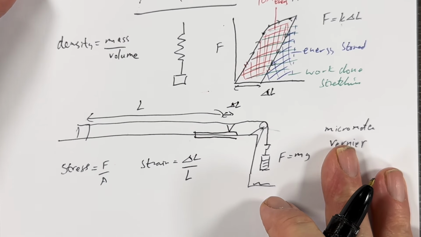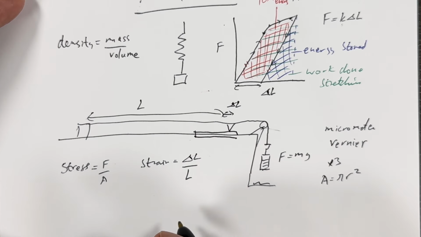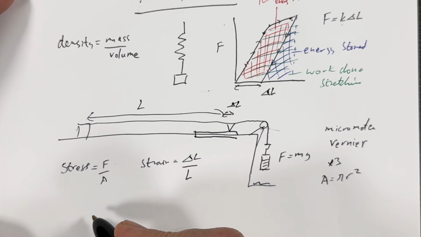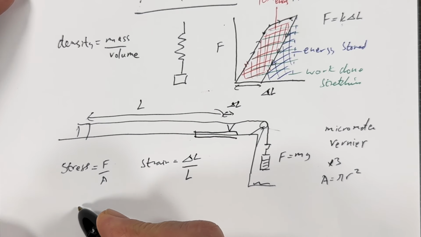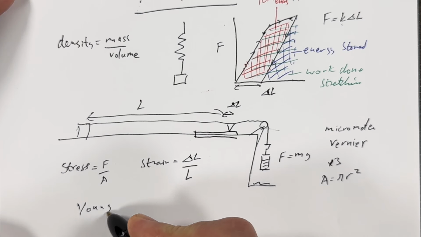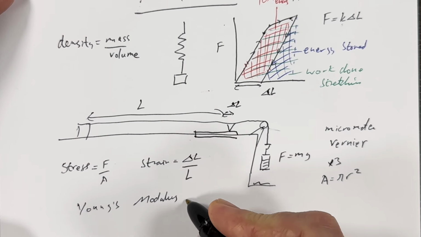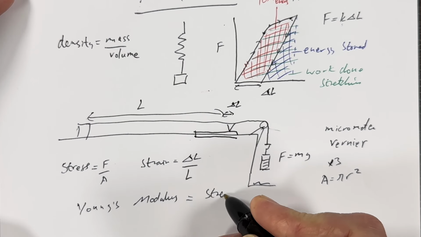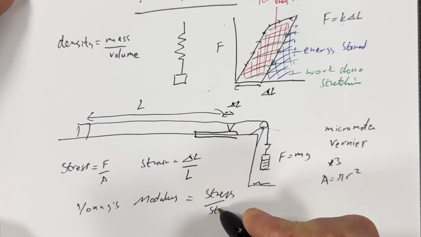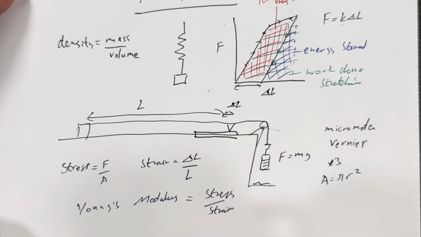And then the spring constant idea is replaced by Young's modulus. It measures how elastic a material is. It only applies to the elastic deformation, and it is stress divided by strain.